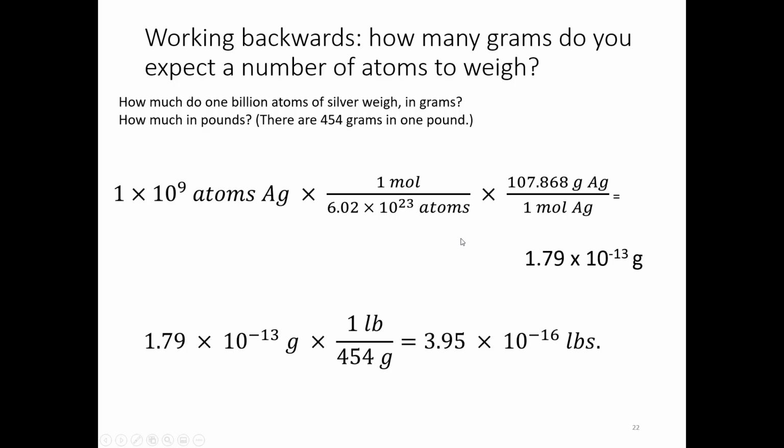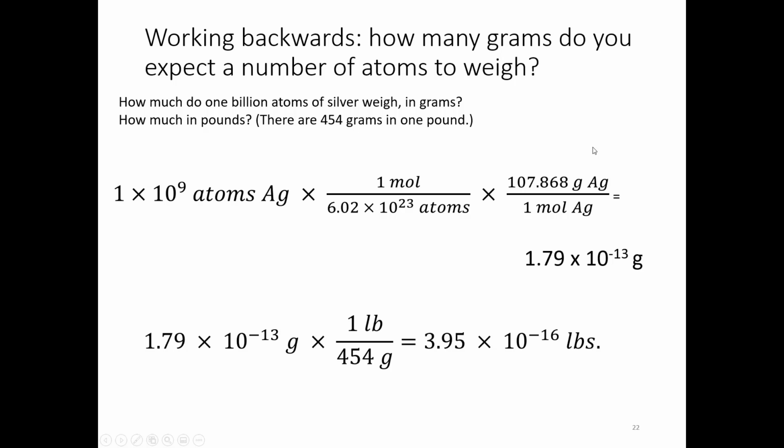Instead of going step by step and getting an intermediate answer, you can just say, I'm going to do this process, but then I'm also going to show my next multiplication process. Once you divide your atoms by themselves, this number is going to have units of moles.